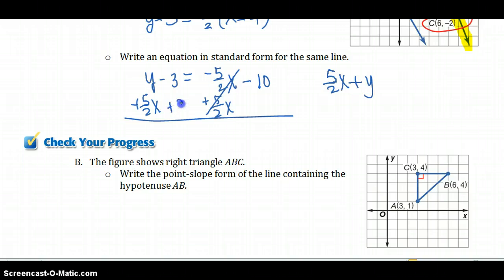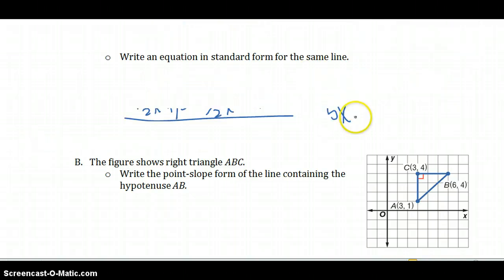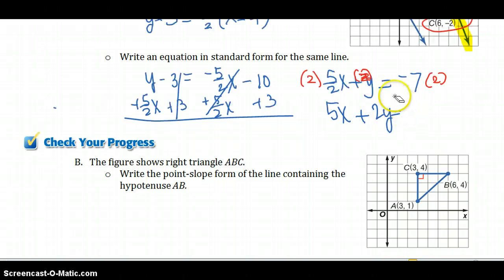I'm going to go ahead and add 3 to both sides, equals negative 7. I can't have a fraction for my a, so let's multiply everything by 2. And then that gives me 5x plus 2y equals negative 14. And there it is.